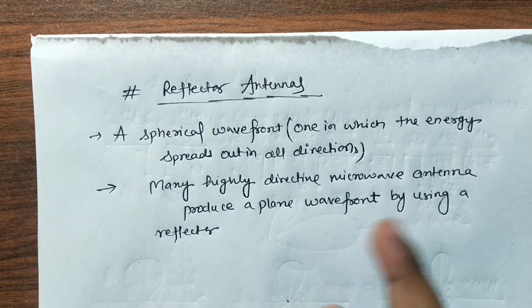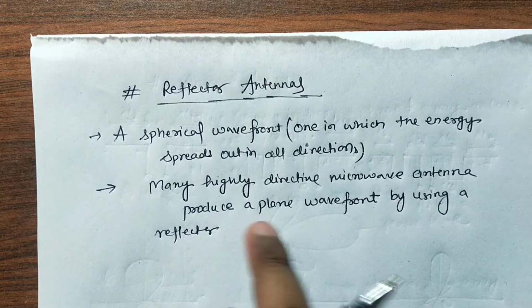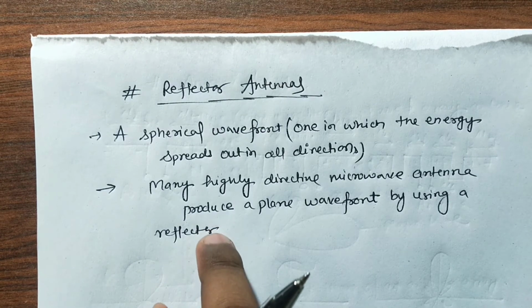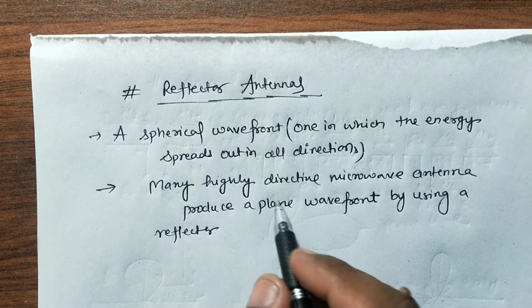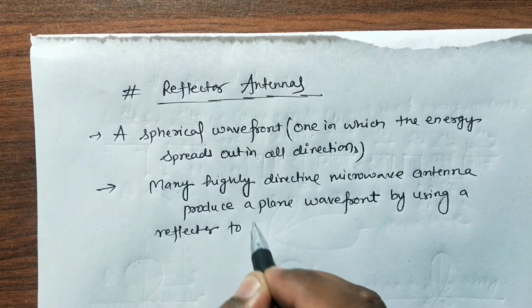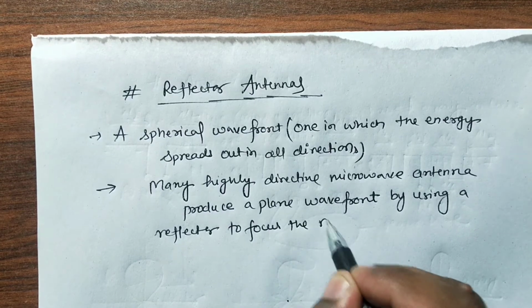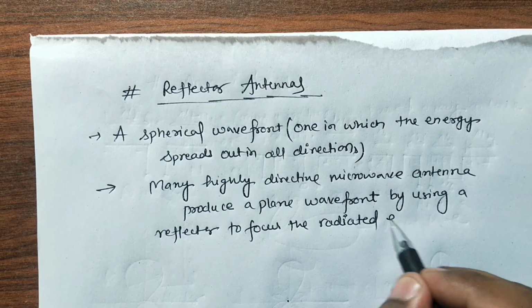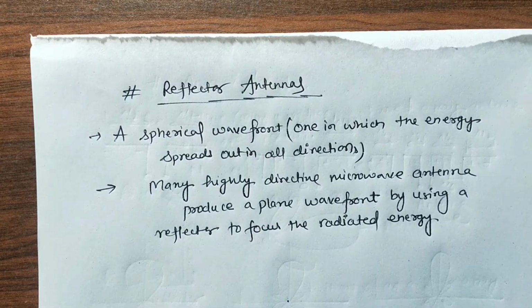And why does a directive antenna produce a plane wavefront by using a reflector? What is the use of this reflector? That is to focus the radiated energy.